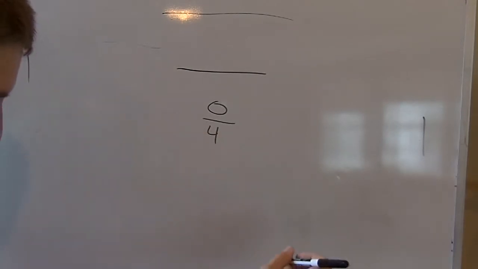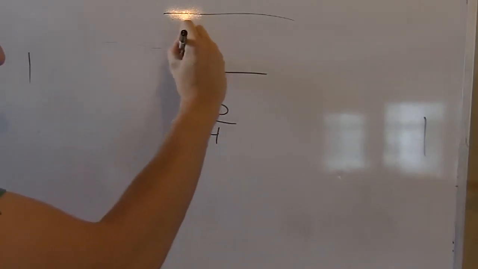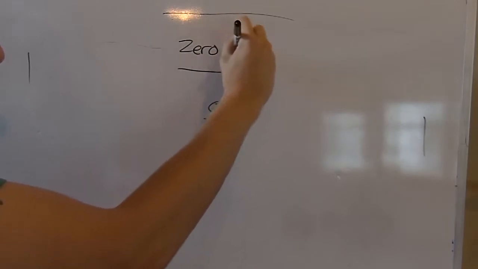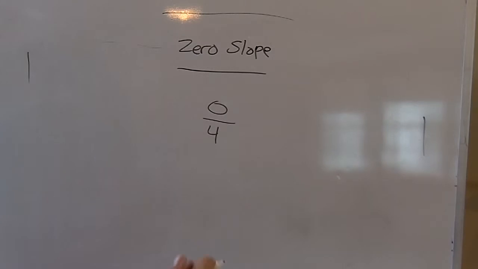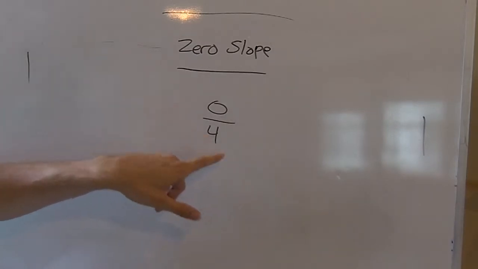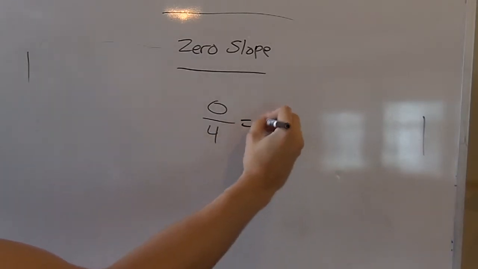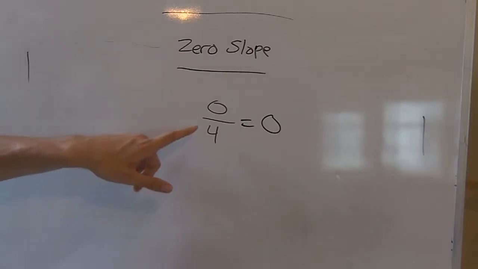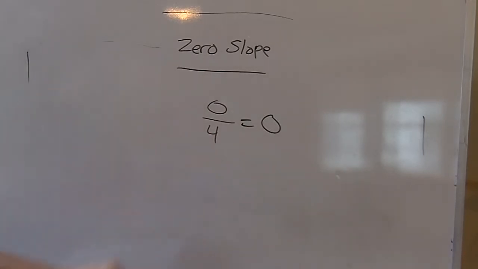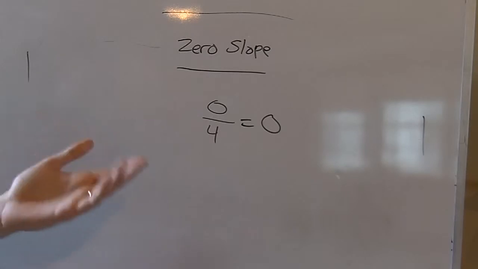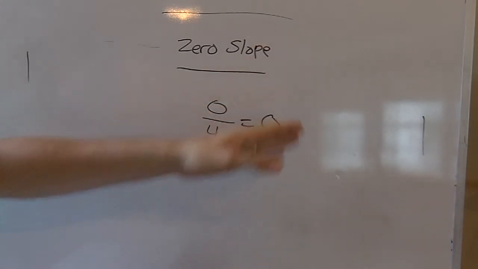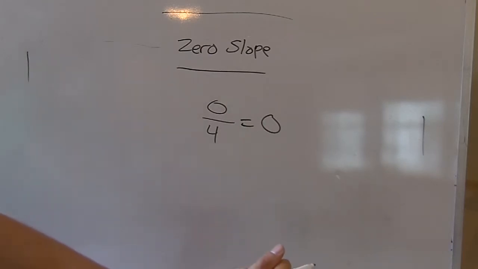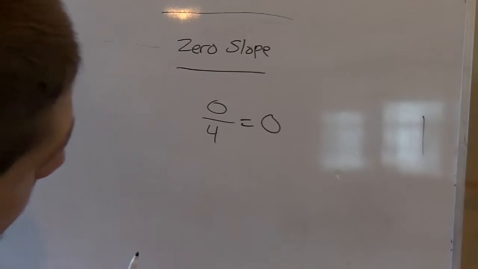So the reason why we call this one a zero slope is because 0 divided by 4 is 0, because 4 goes into 0 zero times. We know that. So it ends up with a zero slope. That is a horizontal line. That technically counts as a linear function, because you can actually find the slope.